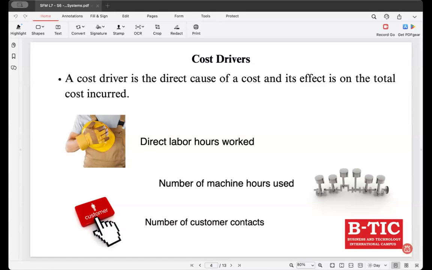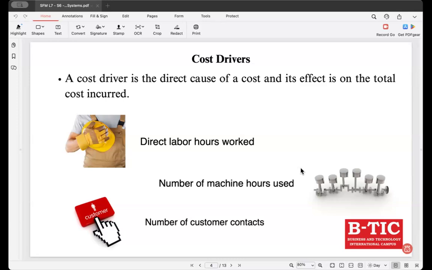And then you have the number of machine hours used. In order to calculate maintenance, energy, or depreciation, we need a cost driver called machine hours. If you use a machine for longer hours, it means more machine use, which equals higher running costs.